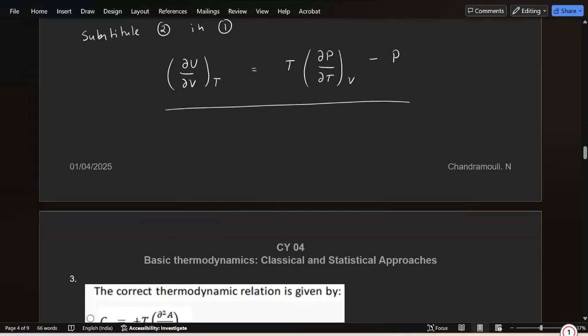On the right hand side, you see pressure, temperature, volume, pressure, temperature. All these are experimental measurables. So using some experimental measurables, we can get the value of internal energy using different experiments. That is the beauty of these thermodynamic relations and variables.